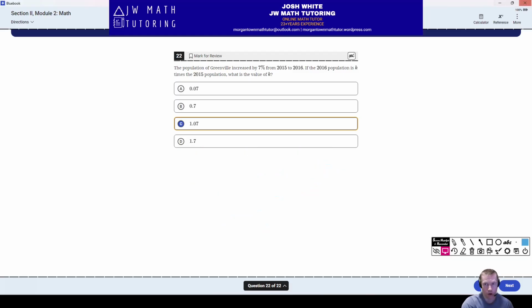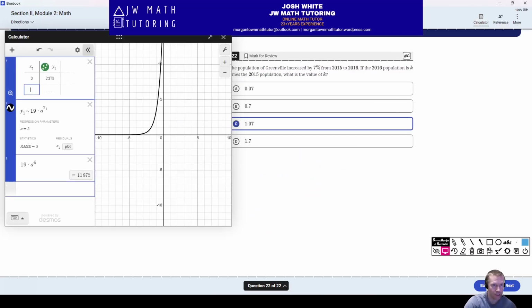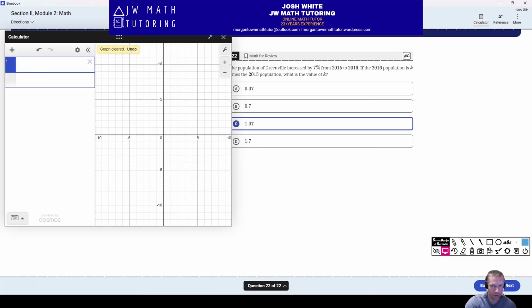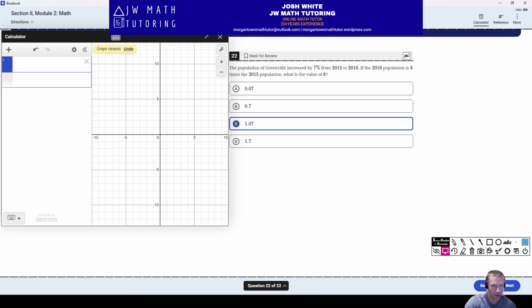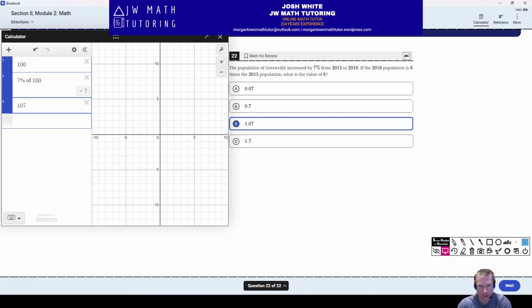But you could also essentially go to the graphing calculator and use the idea of picking numbers. So you could say, all right, original population is 100. Okay? Then we're going to increase it by 7%. So 7% of 100 is 7. So therefore we have 107 as the new population. So the 2016 population, again, equals k times 2015.